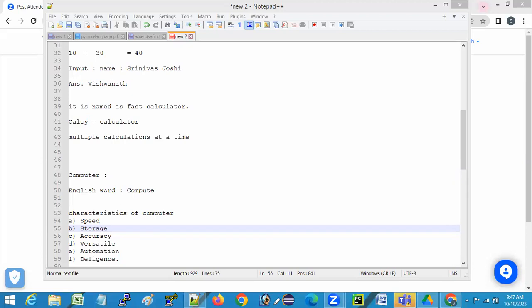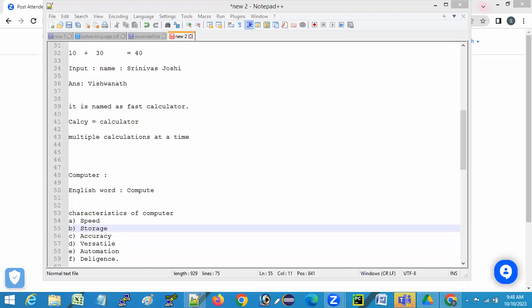Suppose you ask me, sir, do the operation for this particular person, is it possible? It is not possible because I am related to computers. I go with the coding. I do not have other knowledge.